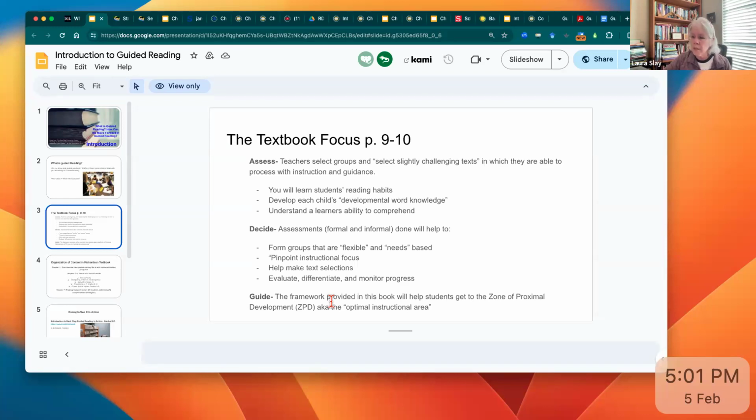So she has that assess, you have to know where your kids are, and then you have to decide what they need. And then you have to guide their reading with very explicit instruction that follows that zone of proximal development, because you need to teach kids where they are, which is why this is a grouping structure, but it's a flexible grouping structure depending on where the kid is and what they need.